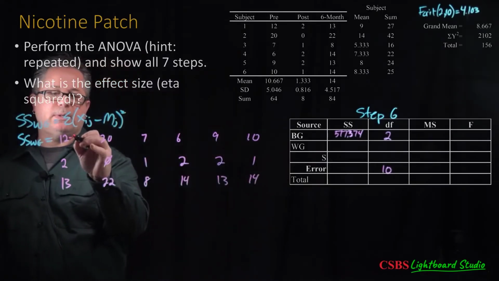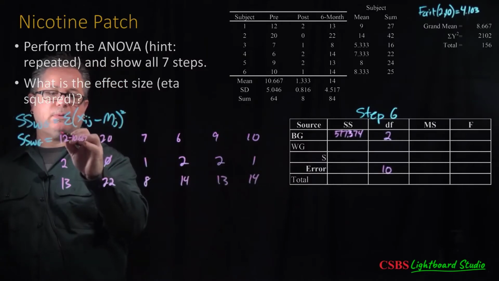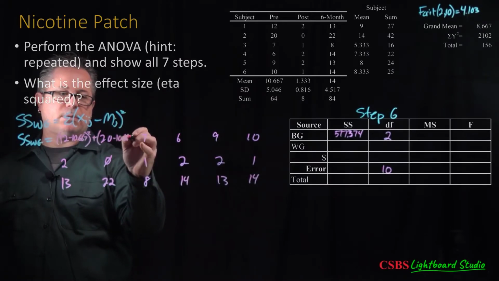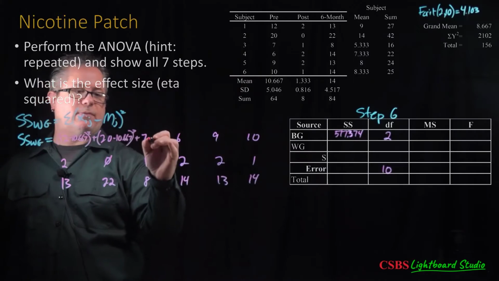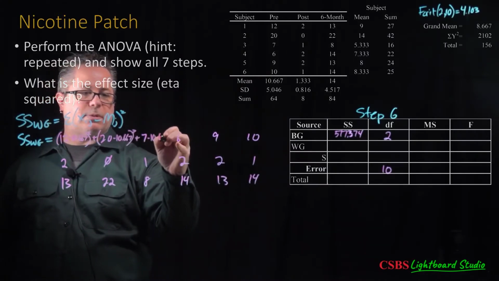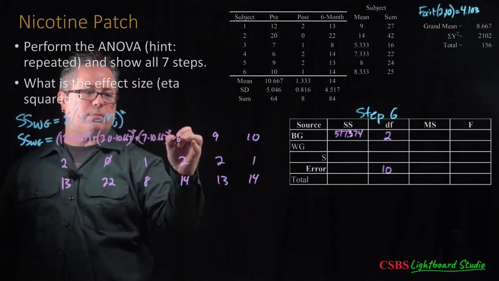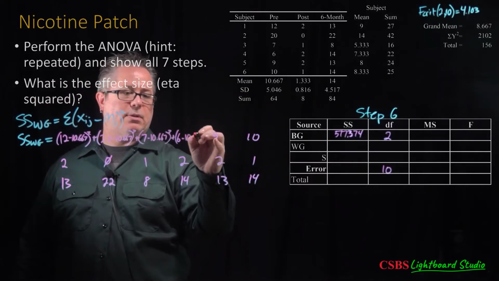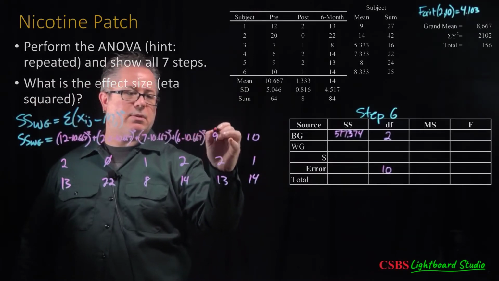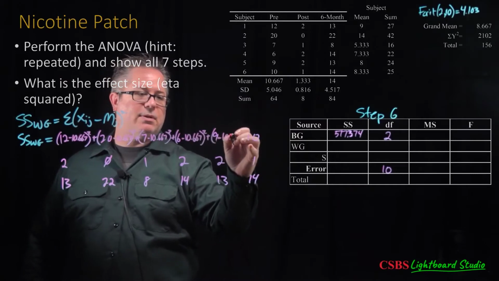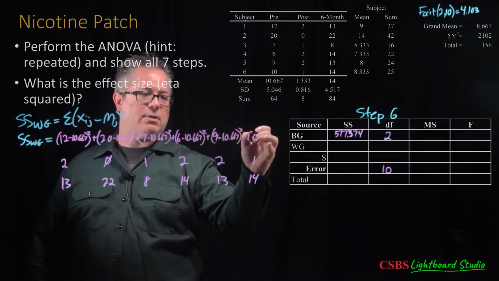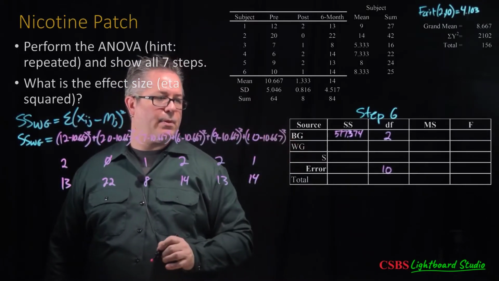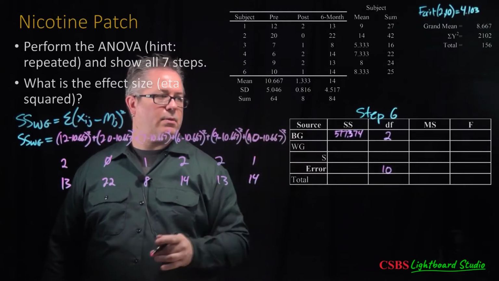So for the first group, I need to subtract out the first mean. This is 12 minus 10.667 squared plus 20 minus 10.667 squared plus 7 minus 10.667 squared plus 6 minus 10.667 squared plus 9 minus 10.667 squared plus 10 minus 10.667 squared. It's a weird looking 10. Okay.